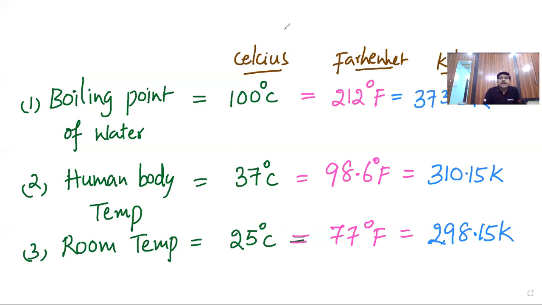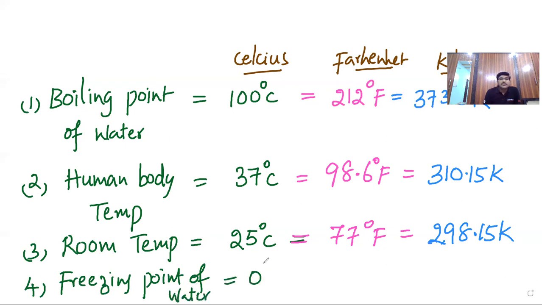Let me express the freezing point of water. What is the freezing point of water? The temperature at which water freezes, 0 degrees Celsius. Then if I want to express it in Fahrenheit, 32 degree Fahrenheit.